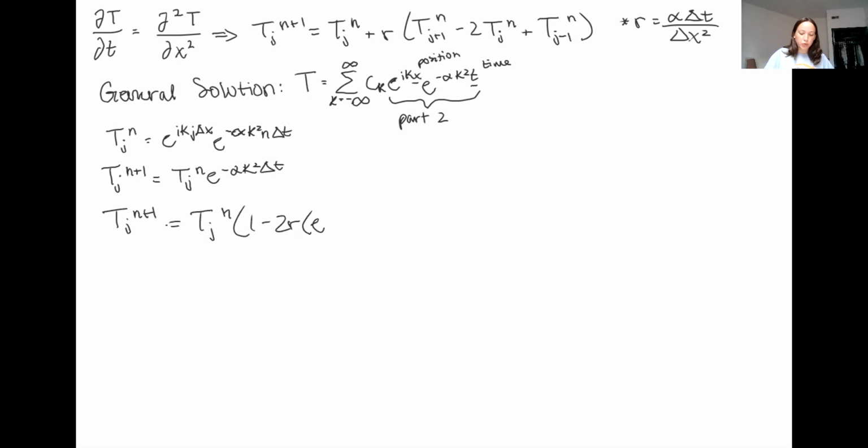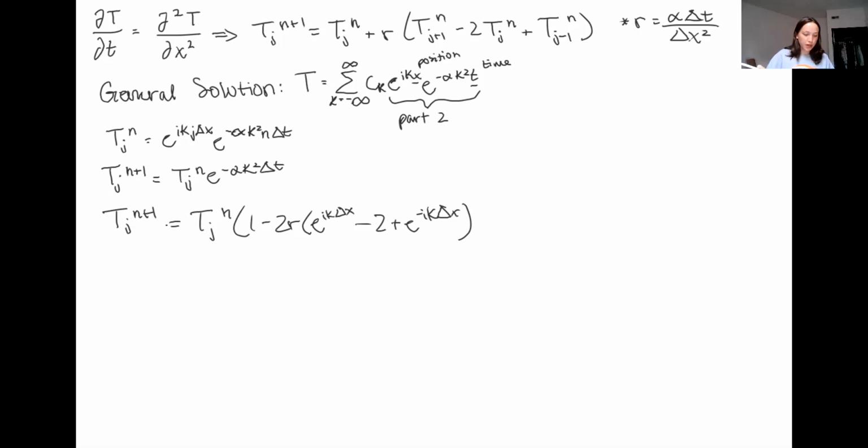So if we pull out TJN, we have 1 for the first value minus 2 times R for the second value times e to the ik delta X minus 2 plus e to the ik delta X. Well, this is negative. Everything in the parentheses is everything in the parentheses in our original equation, if we pull out TJN.